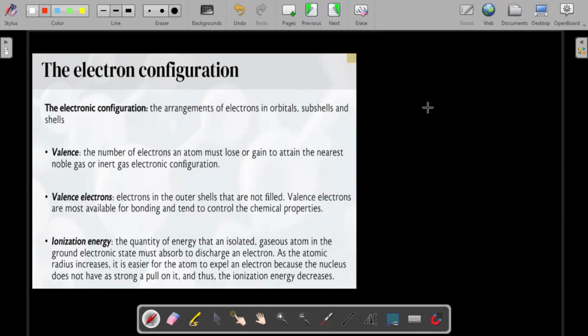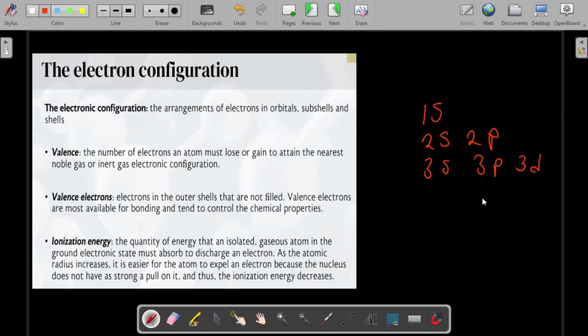The first thing is you need to start with the lowest energy level. When putting electrons, you start with the lowest energy level, which is the 1s. From the 1s, you go to the 2s, then to the 2p. From the 2p, you go to the 3s, then the 3p, then the 3d.